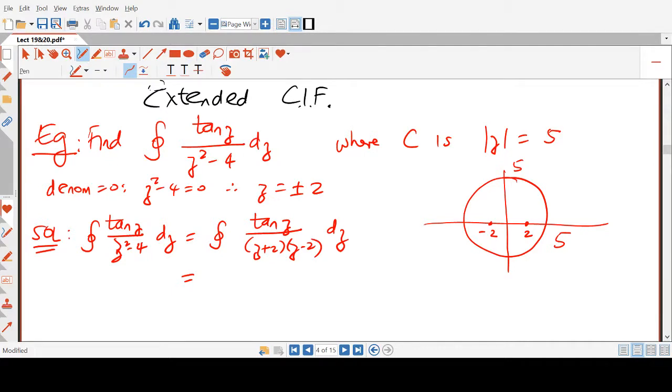And then I disguise it as, let's write it as, 2 pi i times tan z over z plus 2 at z equals 2, plus tan z over z minus 2 at z equals minus 2.